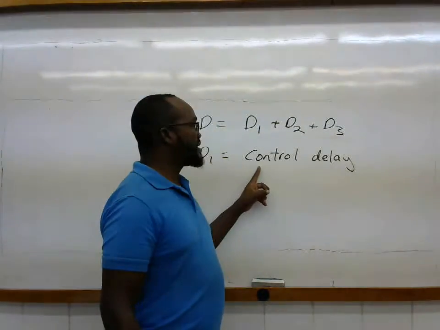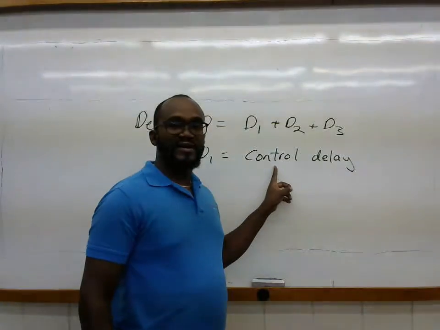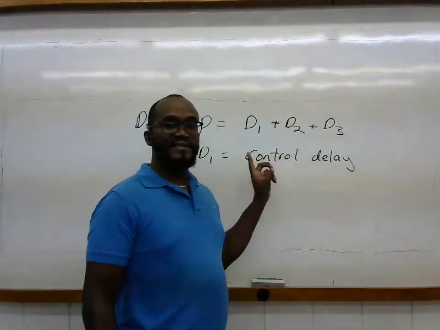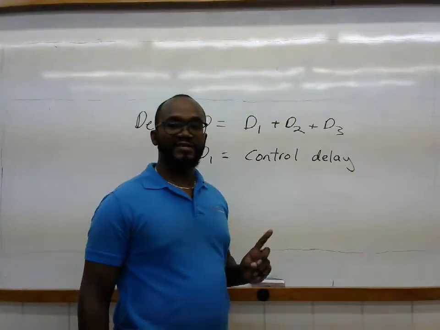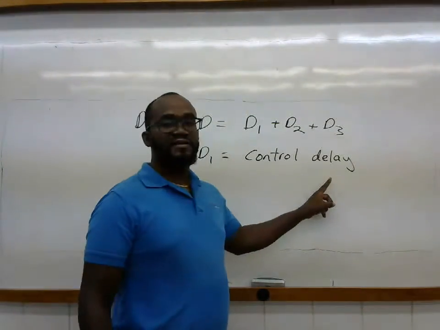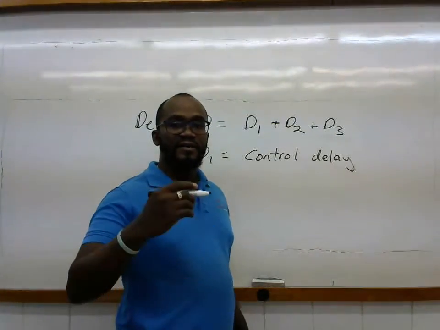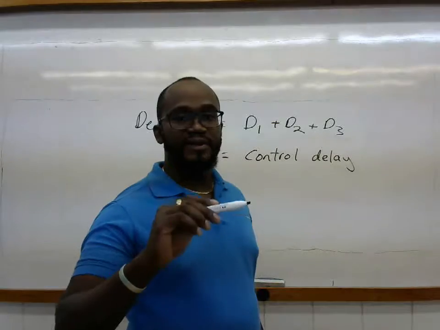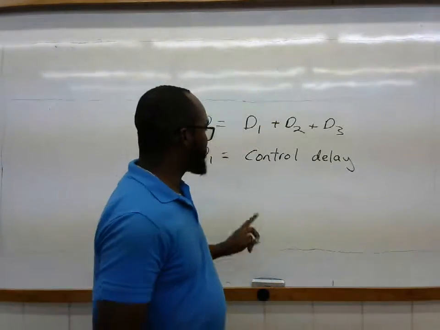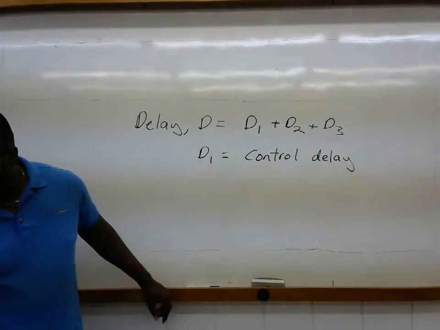So the control delay that's associated with D1 is actually the delay from the time the driver depresses the brake pedal till he gets to a stop, and then until he reaches the green interval and is allowed to proceed. Right?